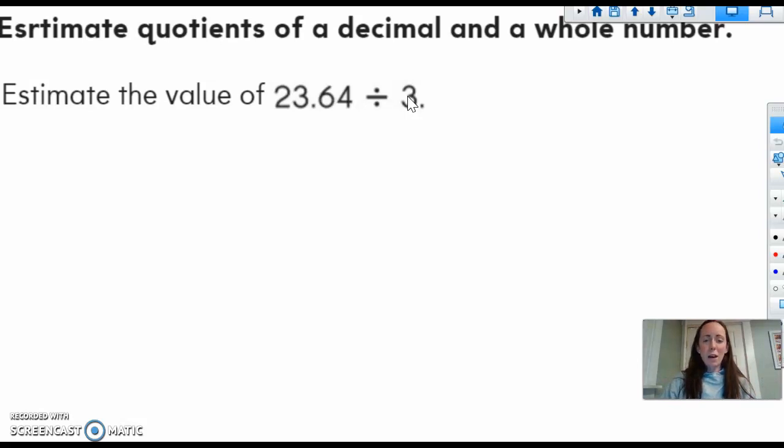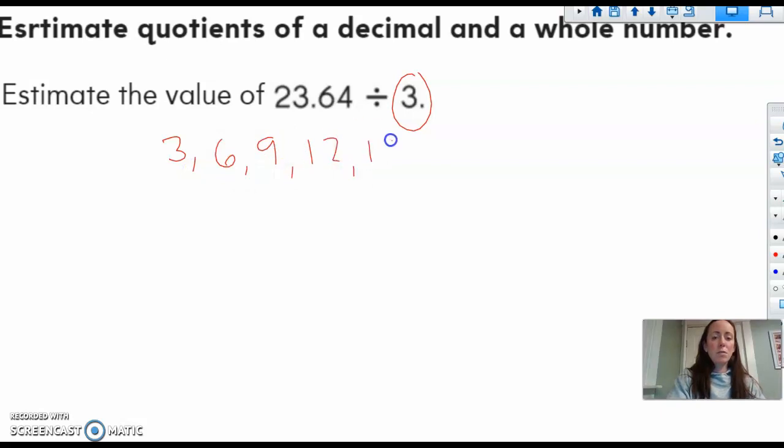So to do that, I'm going to focus on my divisor of 3, and I'm going to list out my multiples of 3. So I have 3, 6, 9, 12, 15, 18, 21, 24.